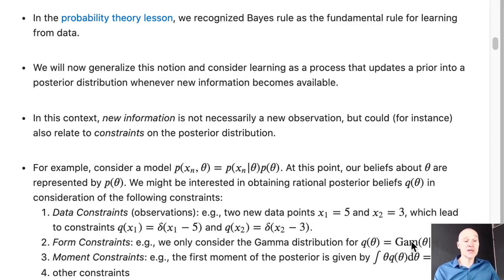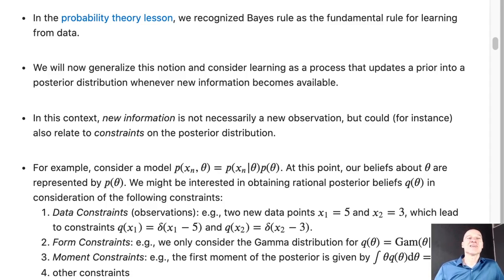Maybe Bayes' rule would not automatically lead to a gamma distribution, but I'm the engineer, and I can say no, I want it to be a gamma distribution. What is the best gamma distribution, the best parameters, if I limit my posteriors to the gamma distribution? Or other constraints, moment constraints: whatever q is going to be, I want the mean value of q to be 3, and aside from that, any q is fine.